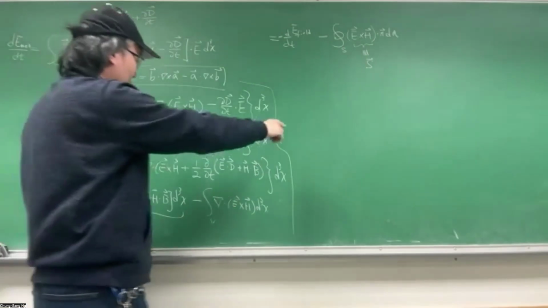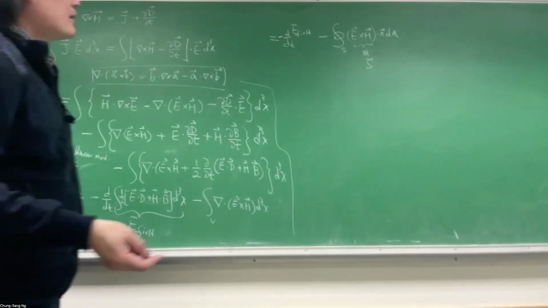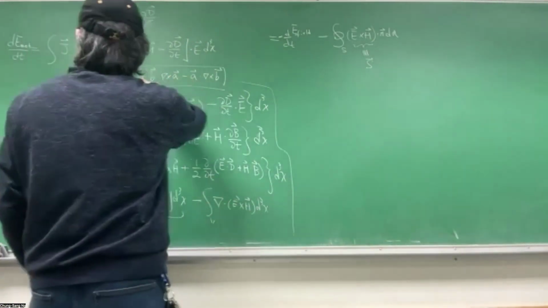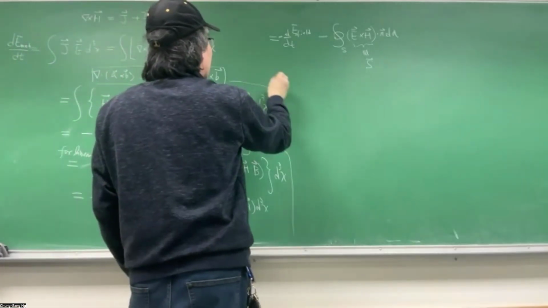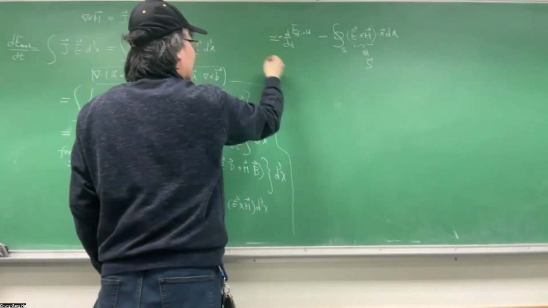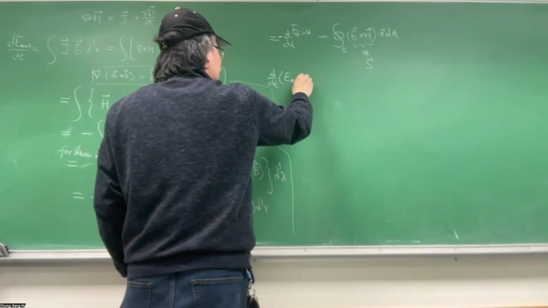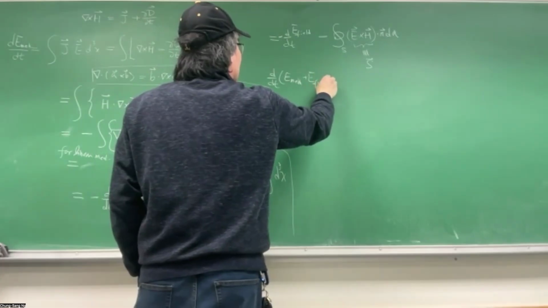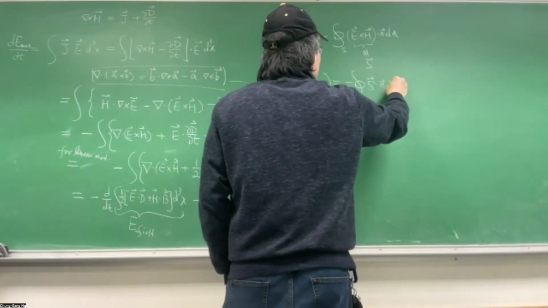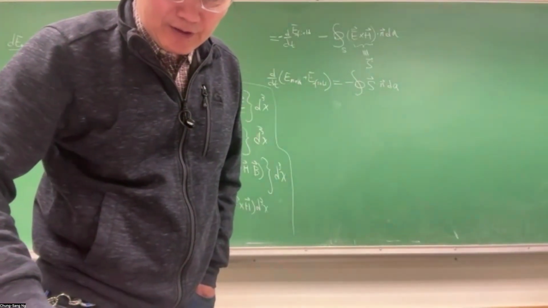Of course, in Jackson, after this step, going back to microscopic equations, basically just H is B over mu 0, and D is epsilon 0 times E. Going back to the microscopic description and call that mechanical energy, but if you don't want to be that specific, then we can just move that term to the other side, so d/dt of E mechanical plus E field equals minus the integral of S dot n dA. Okay, and then you interpret that as conservation of energy.